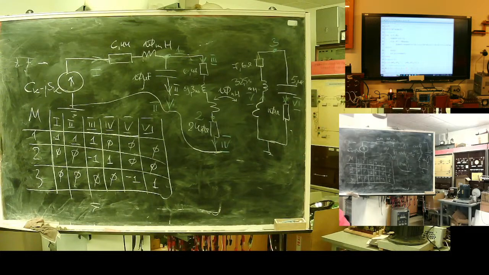Next row 0, 0, minus 1, 1, 0, 0. Next one 0, 0, 0. One more 0, minus 1, 0. Something like this. One second, I will make it better.